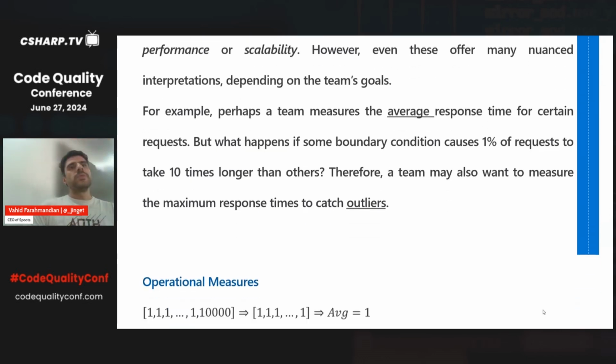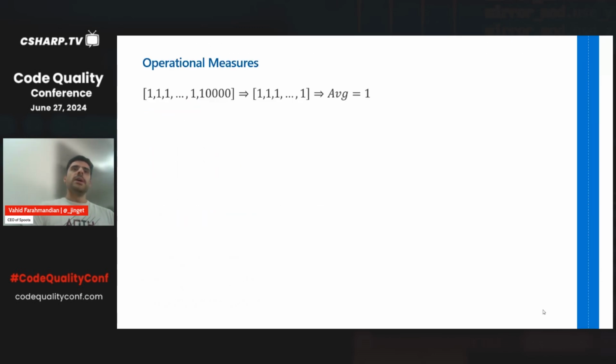For example, you see that we have some data set here. The majority of numbers is around 1, but we have one number which is around 10,000. If we decide to use the average statistical method to analyze this data, of course, our final result will not be true because the majority of our data is equal to 1, but one of them is equal to 10,000.